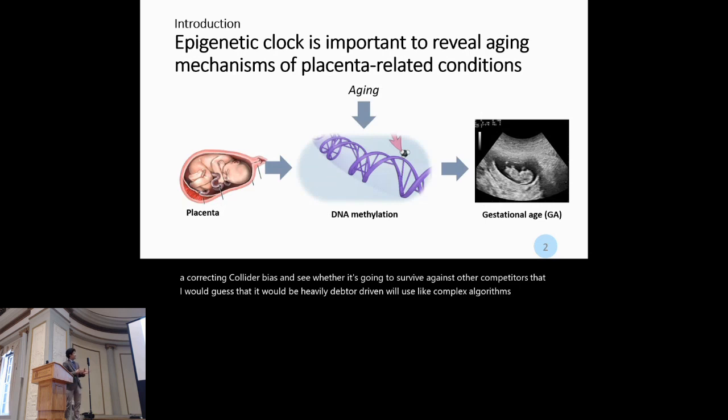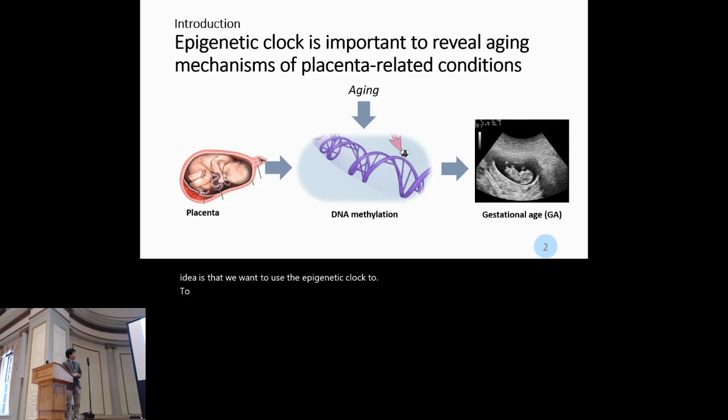So the idea is that we want to use the epigenetic clock to assess a disease mechanism. But the problem is what we're trying to do right now: we try to predict gestational age in a context where the sample is actually a result of decision making of clinicians.